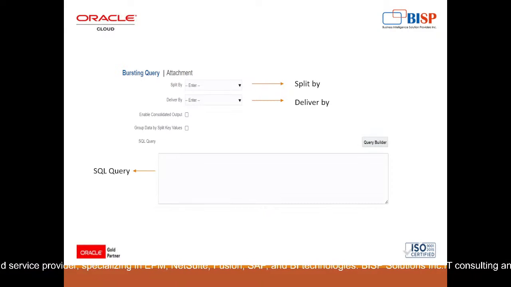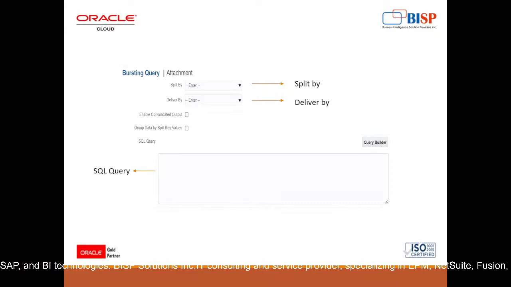Fifth is delivery channel. It is the delivery method. Valid values are email, print, fax, FTP, file. Delivery channels are how you want to deliver.